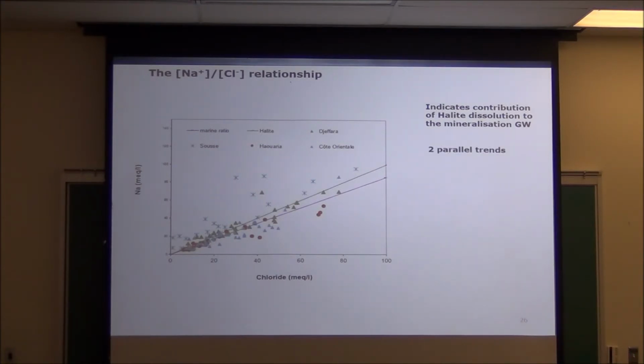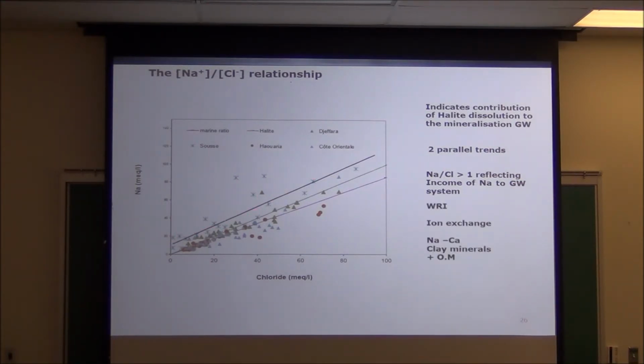We can also see the existence of two parallel lines. The first one is the dissolution of the halite, and the second is the line with a sodium chloride ratio higher than the marine ratio, reflecting an input of sodium for all these samples to the groundwater system, which seems to be linked to water-rock interaction and ion exchange between sodium and calcium, since we have clay minerals and organic matter in this aquifer.